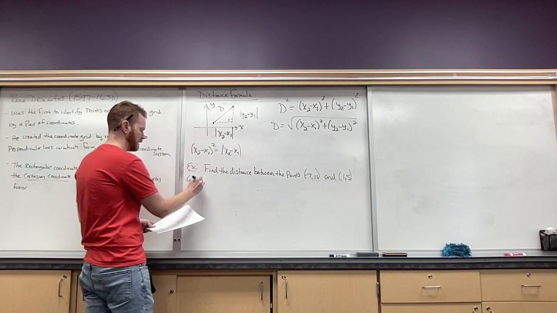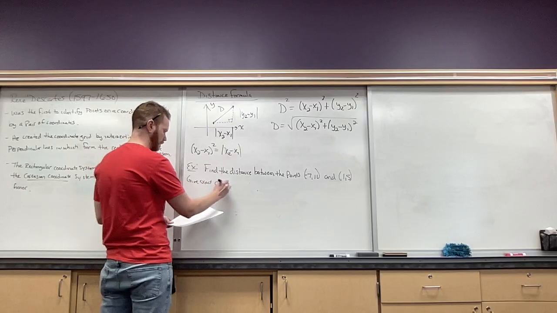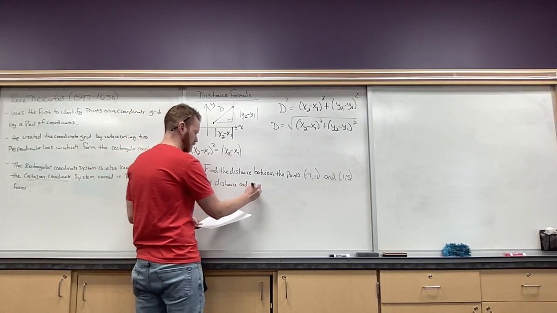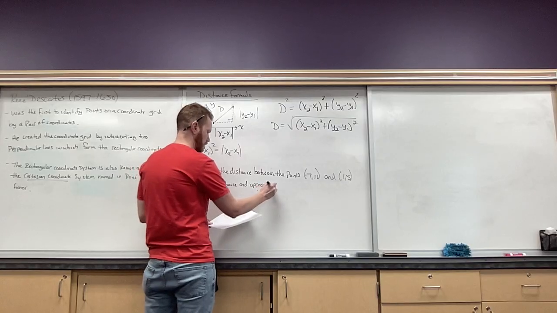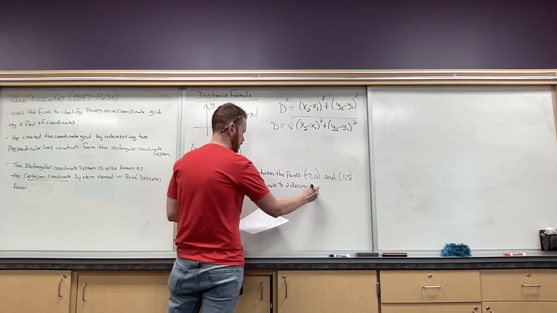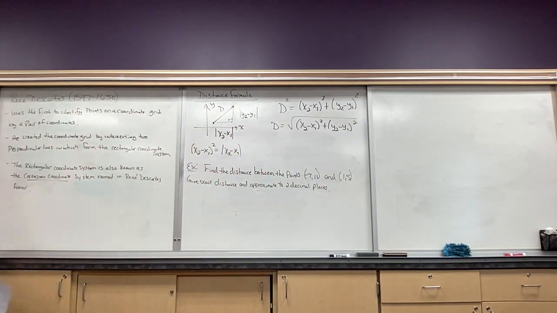They want us to give the exact distance and approximate to 2 decimal places. Okay? So give the exact distance, which means if it's a square root that doesn't break down, leave it like that. And afterwards, plug in the calculator and see what you get.